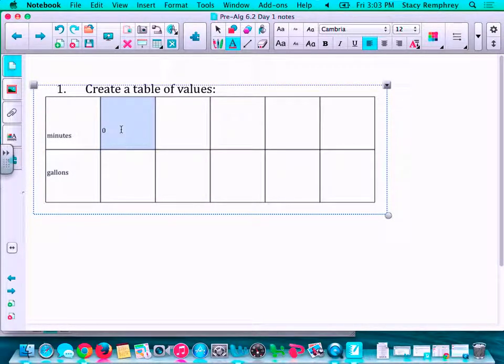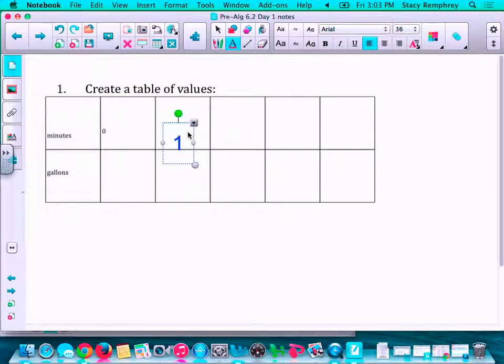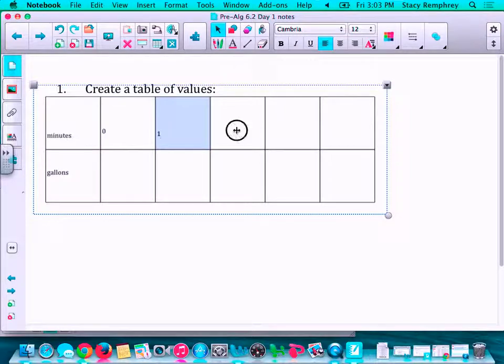You can pick 0, 1, 2, 3, 4. And again, I'm using that equation that I had because that makes it easier.